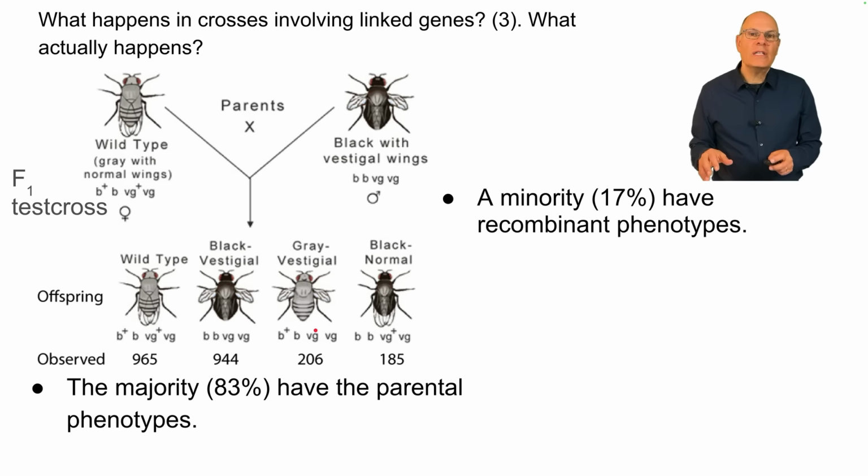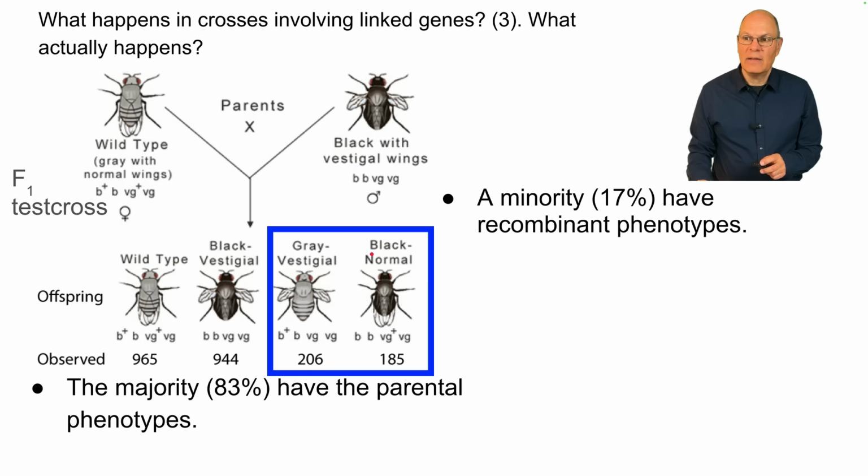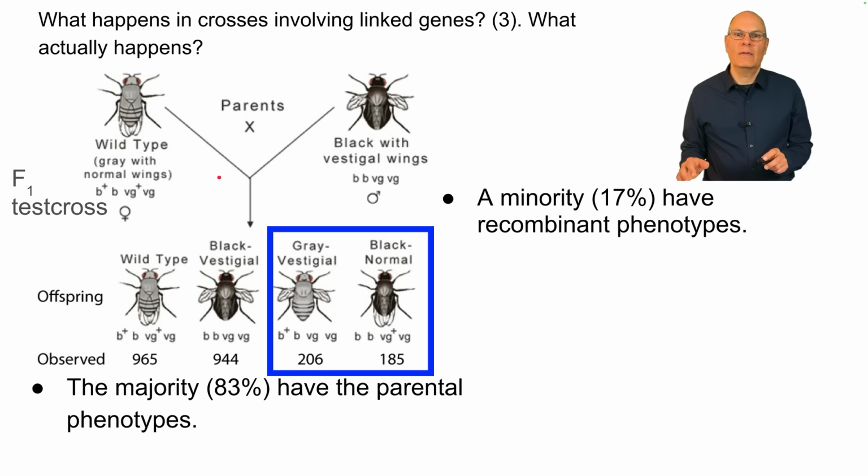But a significant number of offspring have recombinant phenotypes. What are recombinant phenotypes? They take one of the phenotypes of the mom and combine it with one of the phenotypes of the dad. That's what's happening over here in these flies that have a gray body like the mother and vestigial wings like the father. Or you can have a black body like the father with normal wings like the mother. Those are recombinant phenotypes.